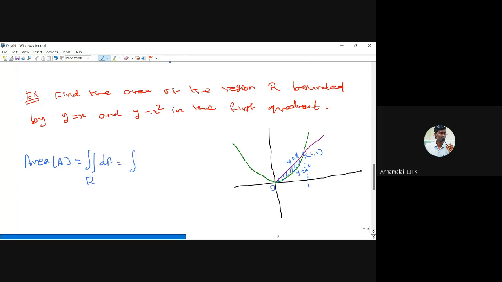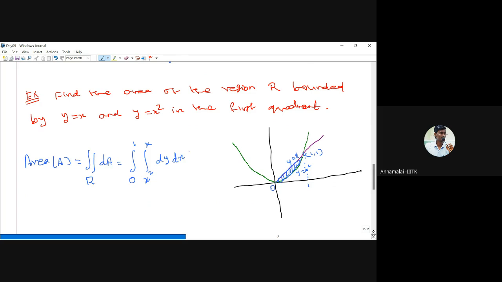So the x range is 0 to 1. The y range is, the bottom curve is x square and the upper curve is x. Therefore, it varies from x square to x. And then first dy and then dx.